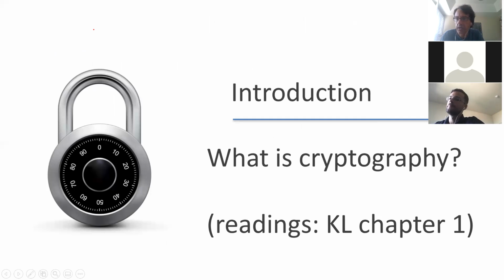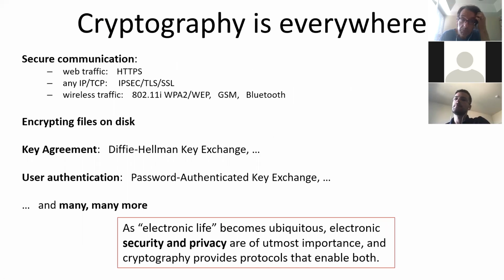Okay, we're jumping into chapter 1 of the textbook, the general philosophy of this class. That's this first part. Since I'm a cryptographer, I see cryptography everywhere. If you have a hammer, everything is a nail. But secure communication is all over the place: the web, any other form of secure IP or TCP communication, also wireless, with many standards there.